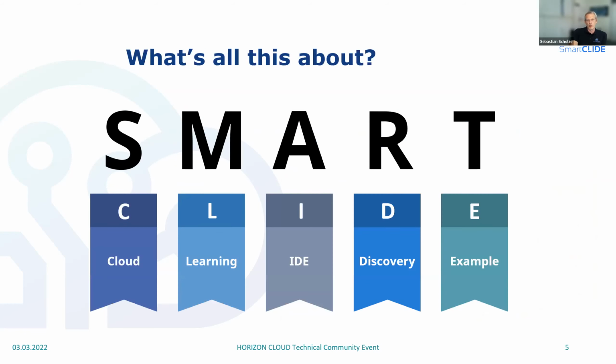Okay, you saw this very long title, but what is this all about? So SmartCLIDE, it's about cloud, it's about learning, it's about an IDE, it's about discovery, and the E for example. What we mean by this? Our aim is to develop a cloud-based IDE to create also cloud applications.